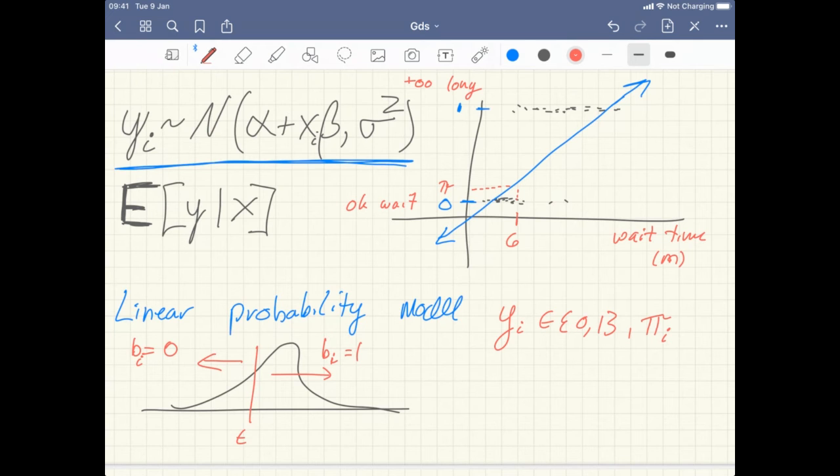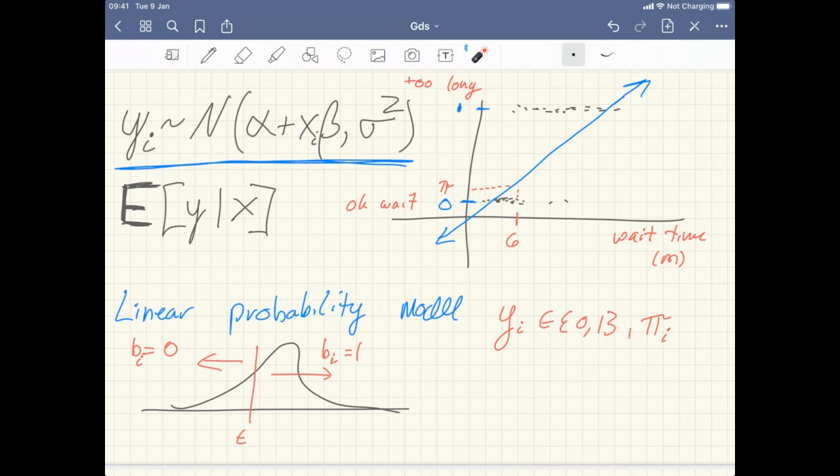So in the linear probability model, why pi and not just p? Pi does not represent 3.14 here. The reason why we use pi and not p is because pi is an unknown parameter. And normally in statistics, we use Greek letters to represent unknown parameters, like alpha up here and beta here.